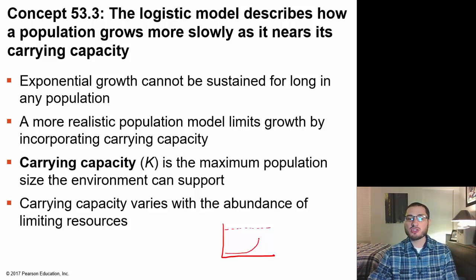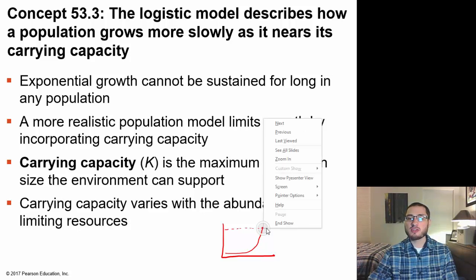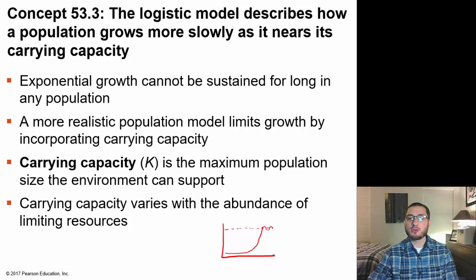Well, they can exponentially go up, but once they reach this carrying capacity, you're going to see the idea of them fighting over resources, and they're only going to be able to hover around that imaginary line that we create, that carrying capacity that we like to denote as K.